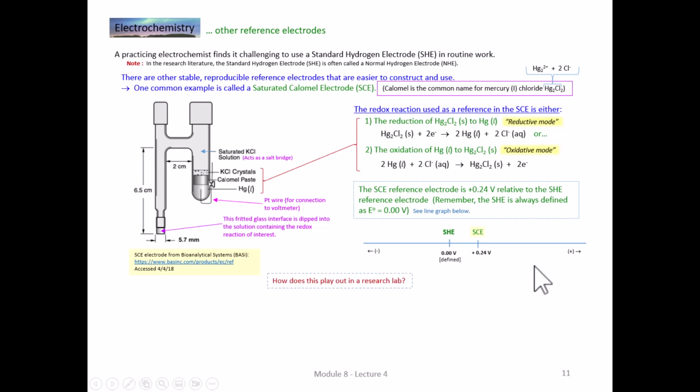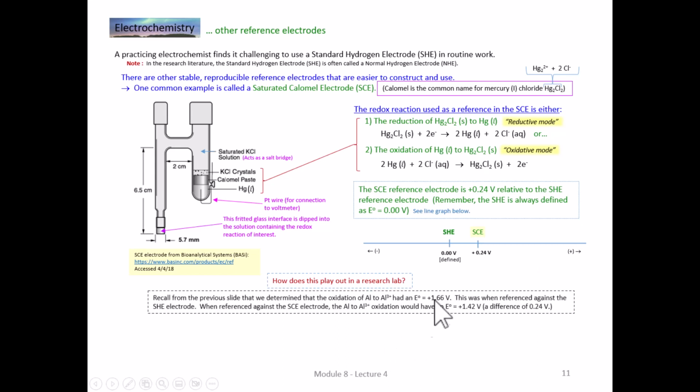How would this play out in the research lab, or in other words, when we actually are connecting this reference electrode to another half cell? Well, remember on the previous slide, we had a half cell where there was an oxidation reaction of aluminum to aluminum 3+, and we found out that it has an overall potential of plus 1.66 volts. That was referenced against the standard hydrogen electrode.